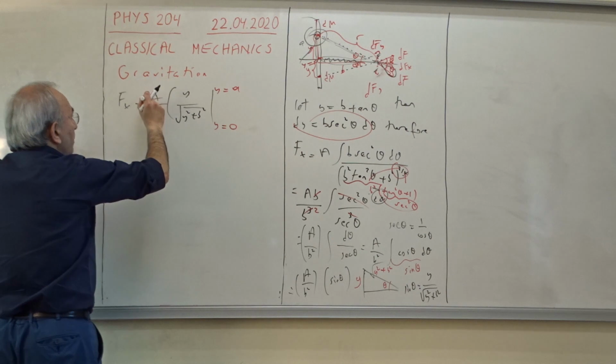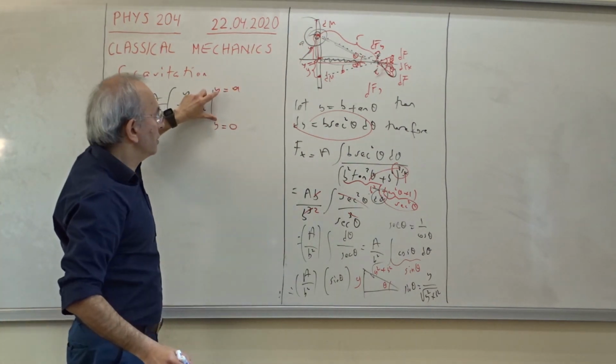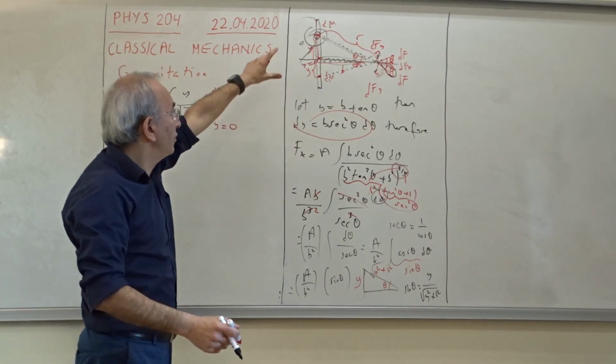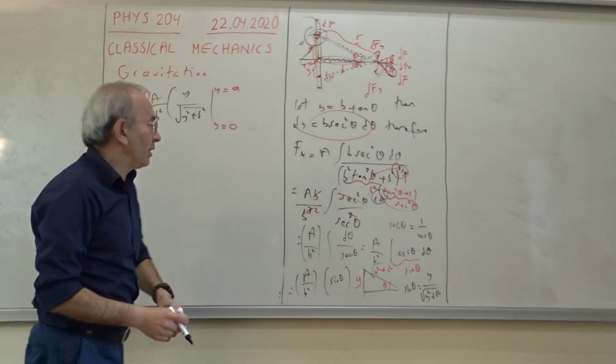But don't forget to multiply by 2, because this is just half of the range. Once you write this, you should multiply by 2 to take into account the lower part as well.